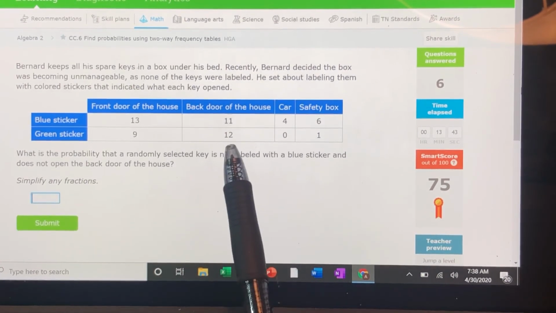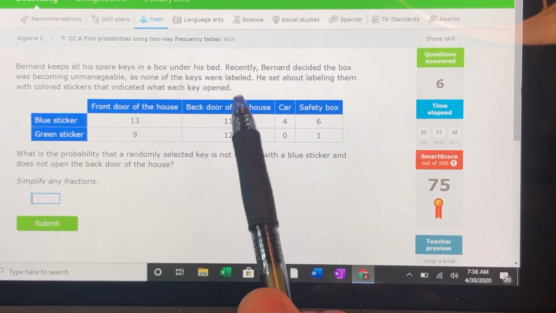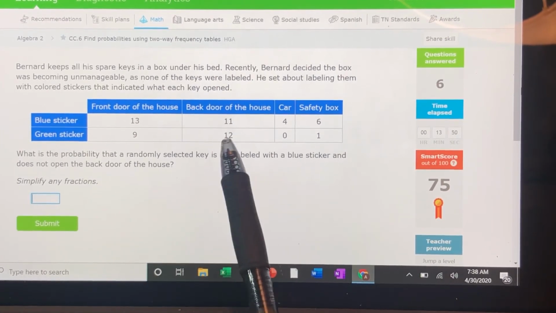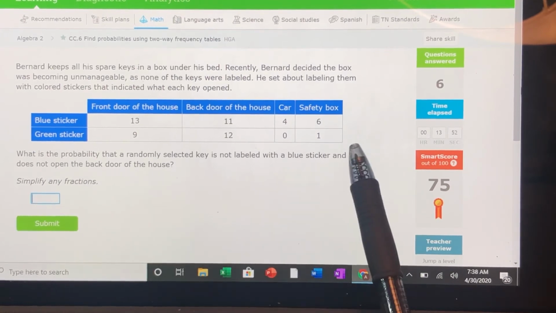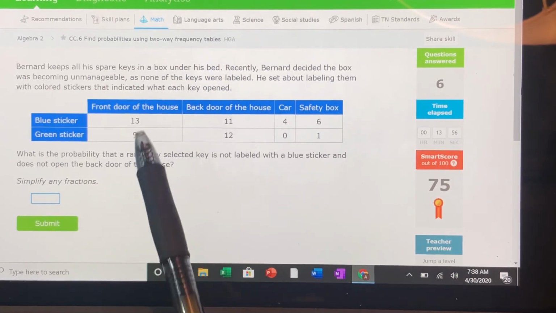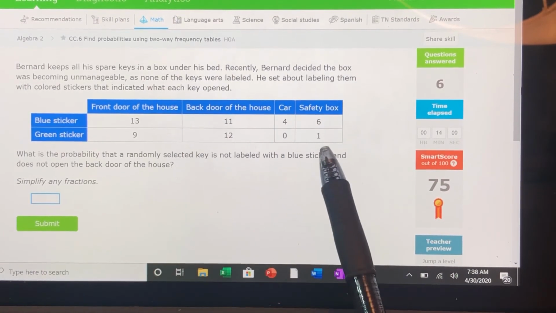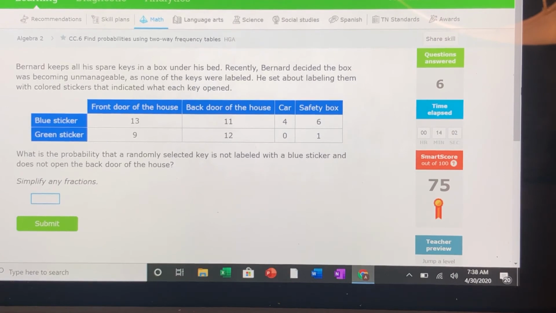So that means we're going to exclude this 12 from the greens because that one does open the back door of the house. So how many are green and are not opening the back door of the house? It would be this 9, this 0, and this 1. So 9, 0, and 1 add up to 10. So that means a 10 is going to be in our numerator.